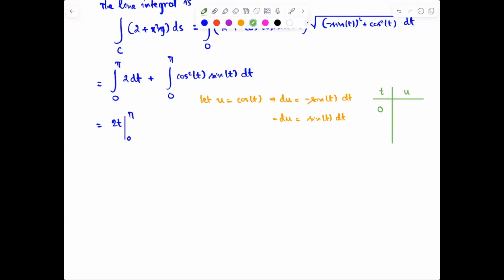So this one is t, this one is u. When t equal to 0, cosine of 0 is 1. When t is equal to pi, cosine of pi is negative 1. So the integral now becomes the integral from 1 to negative 1 of negative u squared du. So the limits of integration are in the reverse order. Apply the negative here, put it back in the correct order.